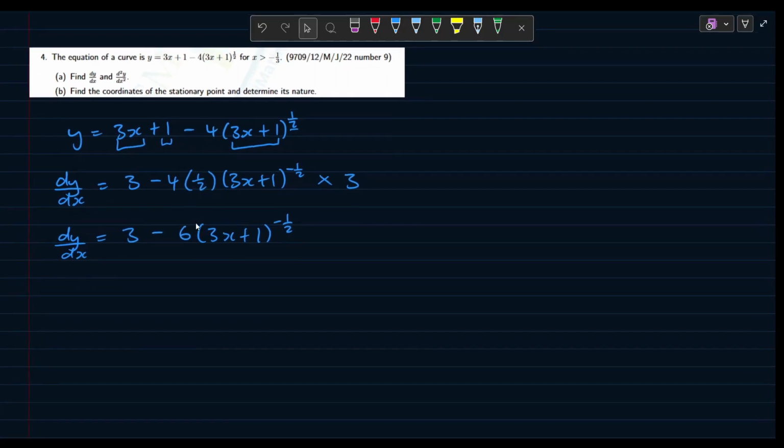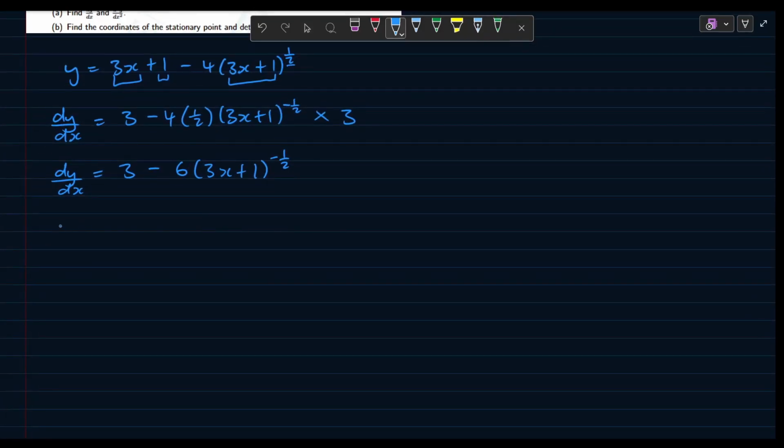Alright, so let's find our second derivative. d squared y/dx squared is equal to, if you differentiate a constant, you get 0. Then we've got negative 6. Let's differentiate the outer function first. So bring down the negative 1 over 2. Then we've got 3x plus 1. Subtract 1 from the power, so negative half minus 1 gives us negative 3 over 2.